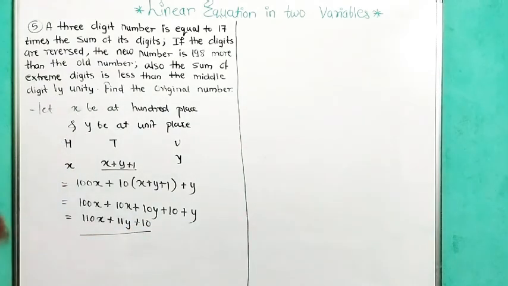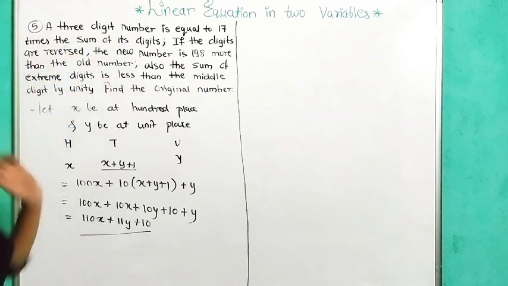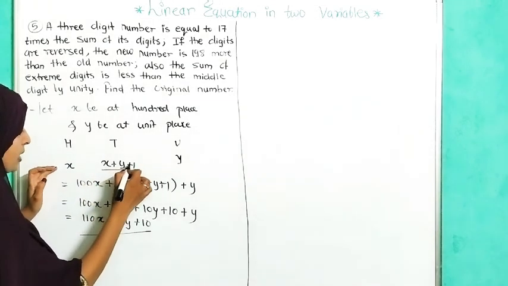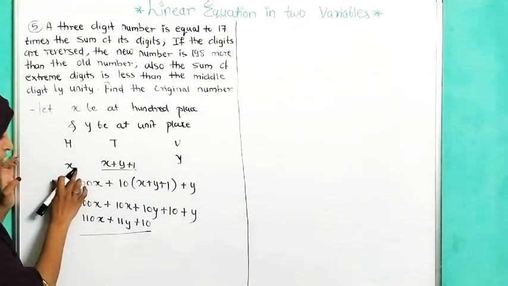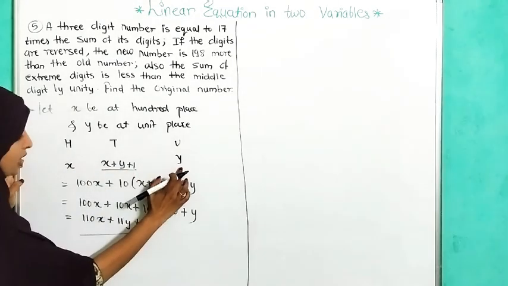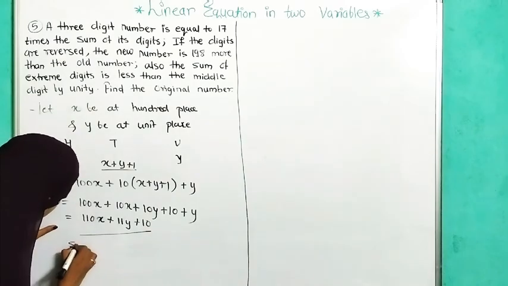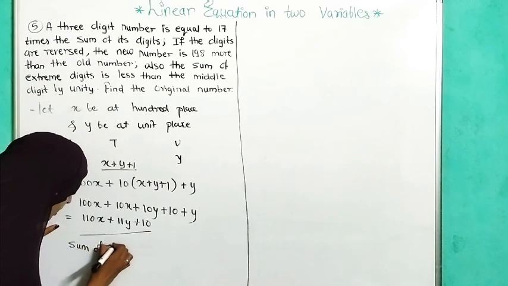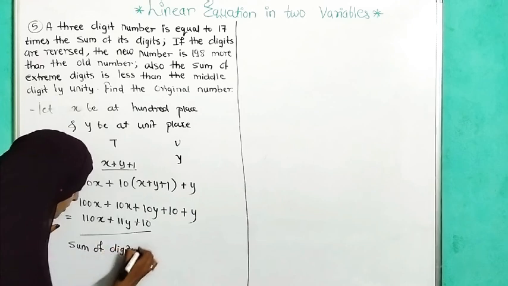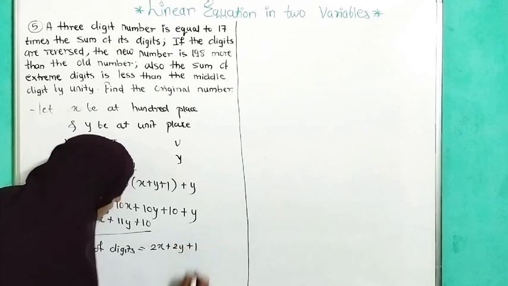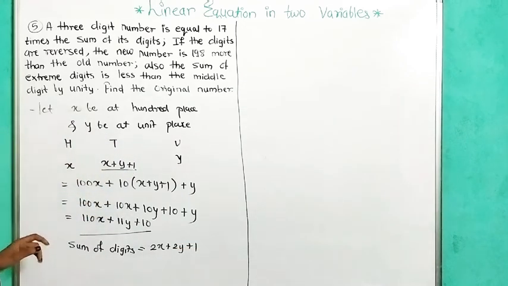This is the condition we get. Now again they told us about 17 times the sum of its digits. The sum of these digits is x plus y plus 1 plus x plus y, so we get the sum of digits as 2x plus 2y plus 1.